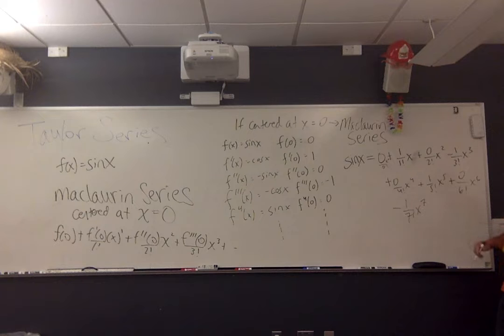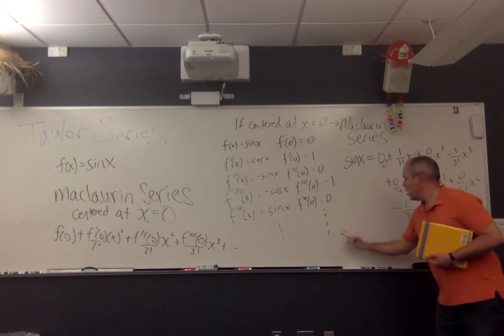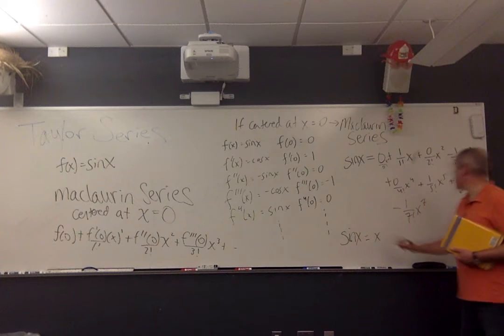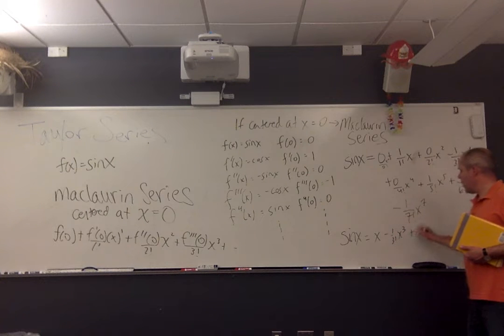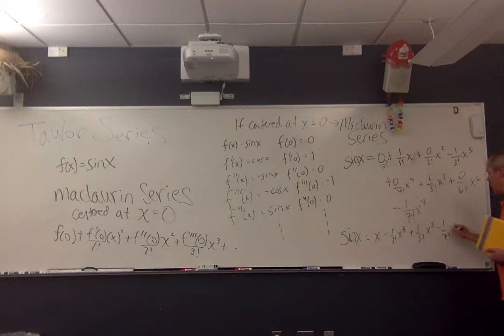What do we notice about all these? If something's 0, it's going to go away. So sine becomes x minus 1 over 3 factorial x cubed plus 1 over 5 factorial x to the fifth minus 1 over 7 factorial x to the seventh, etc. Why does it make sense? Tell me about all these numbers. They're odd.